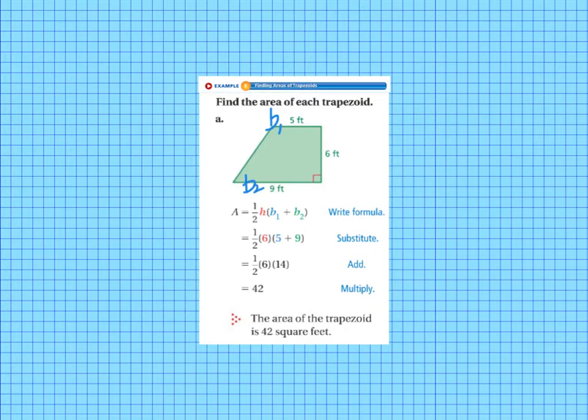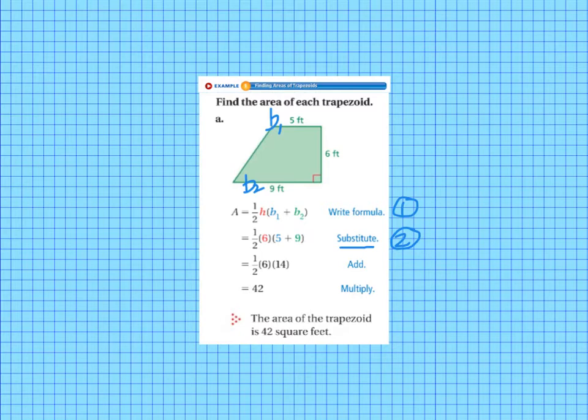If you do it the opposite direction, it doesn't matter because we have the commutative property of addition. So you can choose those either way. So when you do step 2, so this is step 1, when you do step 2 and you substitute in, sometimes your numbers might look a little different than somebody else's, and that's okay as long as you have the right numbers in the right spot.